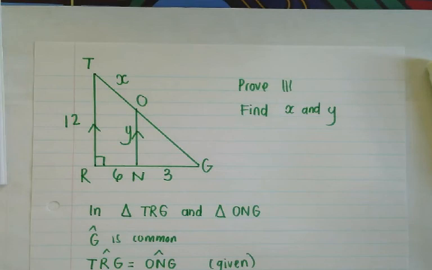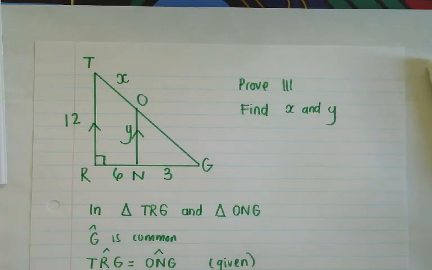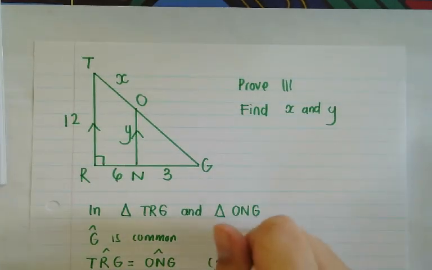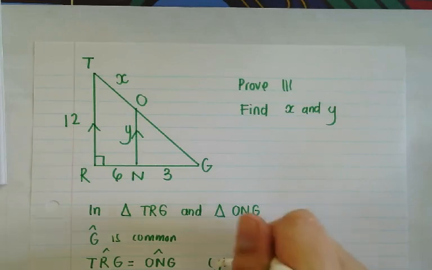Don't just wait. Try to go as far as you can. So I have G, which is common. They both share G. And then I get given parallel lines, which means alternate, corresponding, and co-interior might be useful.